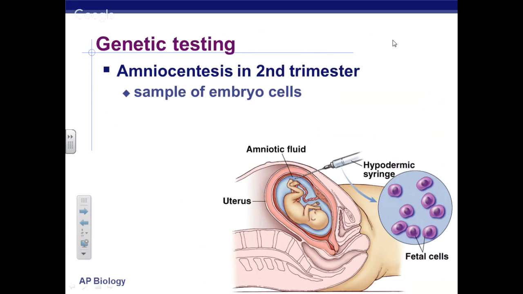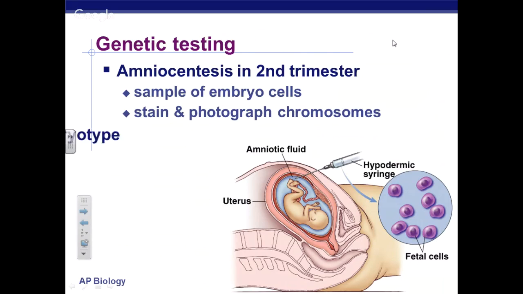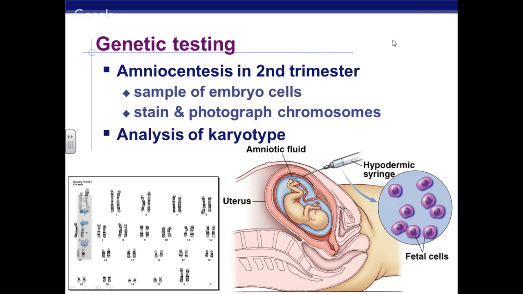In that fluid, they will do two things. They will find fetal cells and karyotype them and get a picture of the baby's chromosomes. They also will analyze the fluid itself for the presence or absence of particular proteins that could indicate another disorder, a genetic disorder the baby could have, not necessarily a chromosomal disorder, like a mutation in just one gene. So that's what they will do, to see if there's a problem.